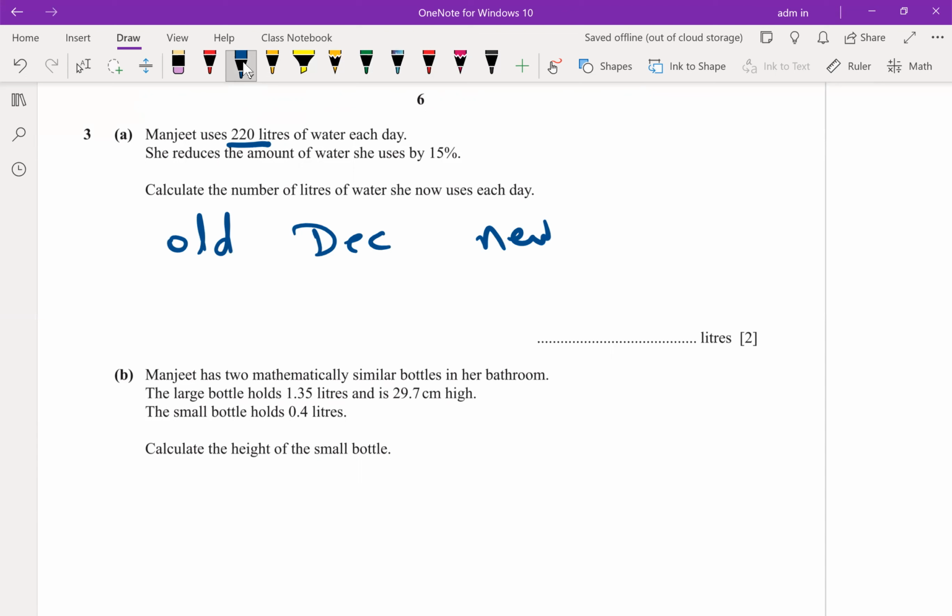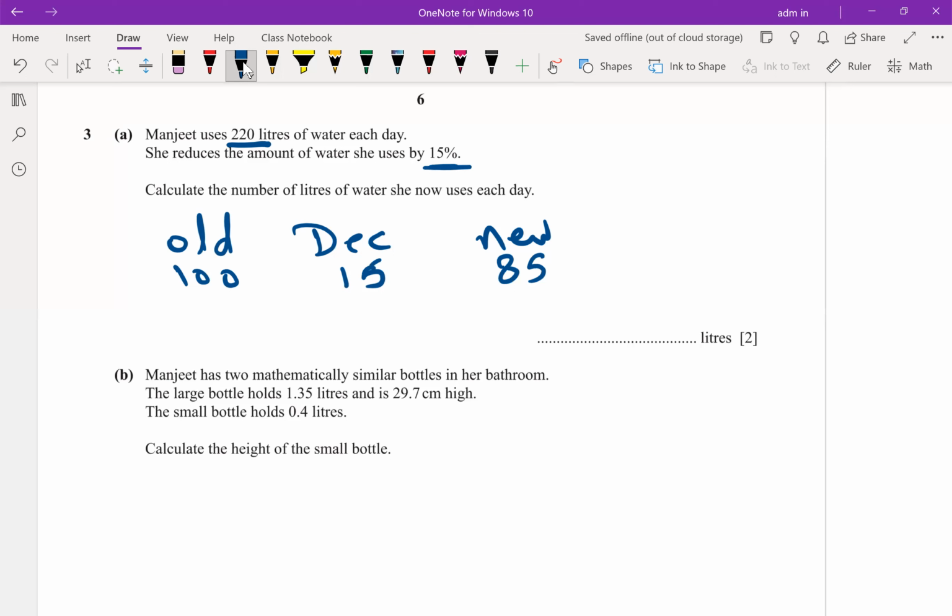The old is 100, decrease by 15%, then the new will be 85. Clear? So when you reduce by 15%, 100 minus 15 will be 85.